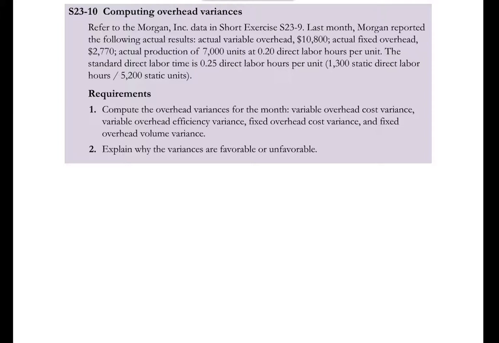Okay, so we're going to calculate all 4 of the overhead variances in this one, all right? So variable overhead cost variance is the actual cost times the actual quantity, so the actual variable overhead total, minus the standard cost times the actual quantity.